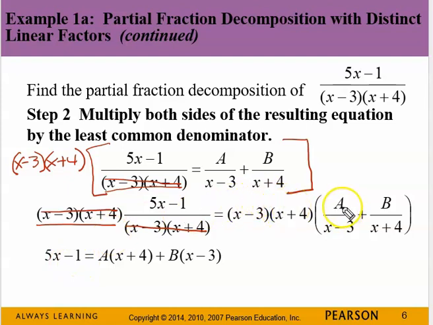Now on this side, here the x minus 3 will cancel with this one, and we get a, and then in parentheses x plus 4, which is what we have right here. And now we're back to this again. We're going to multiply this term by this, and this time this cancels with that, and we're left with plus b and x minus 3.